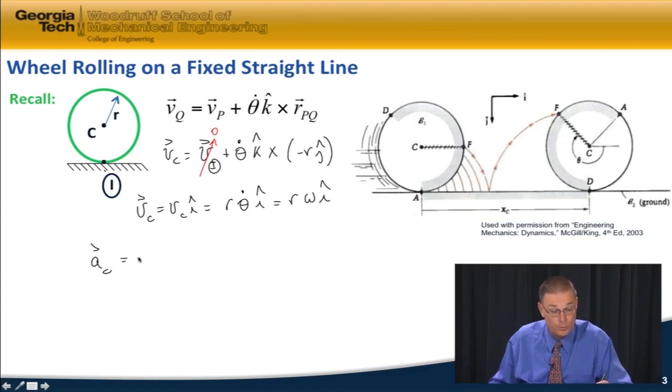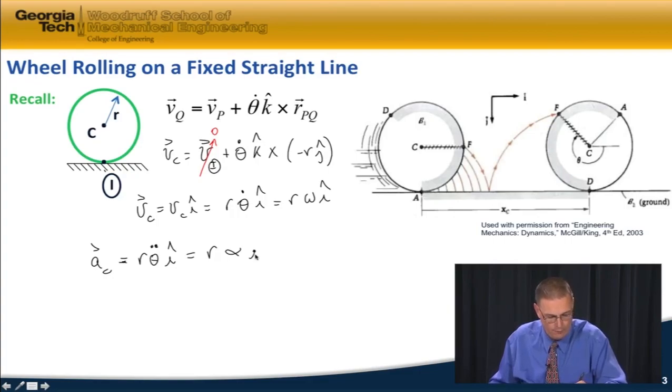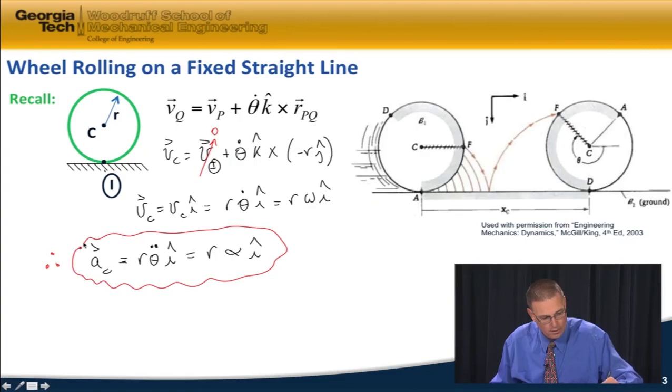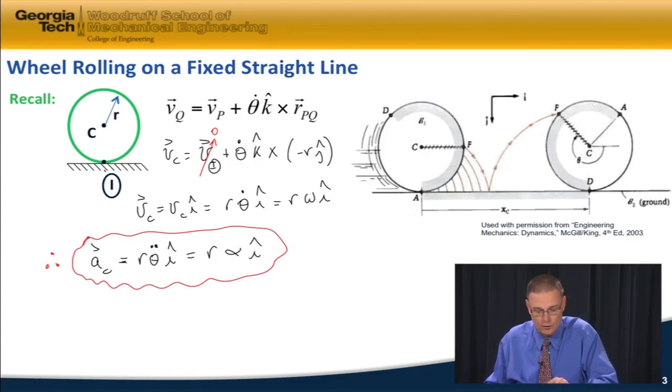And so, with respect to time, we're going to have R theta double dot I, or we know that theta double dot is defined as the angular acceleration, so it's going to be R alpha in the I direction. And so now that's the acceleration of the geometric center of a wheel rolling without slip on a flat surface or a fixed straight line.